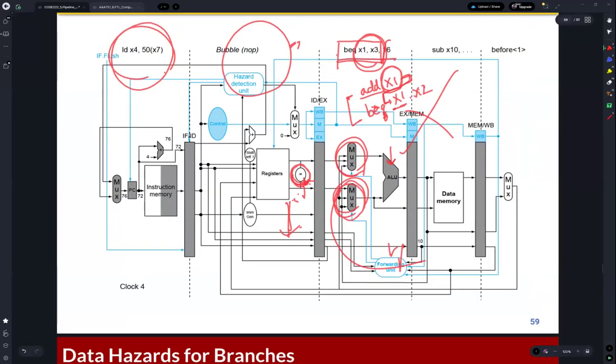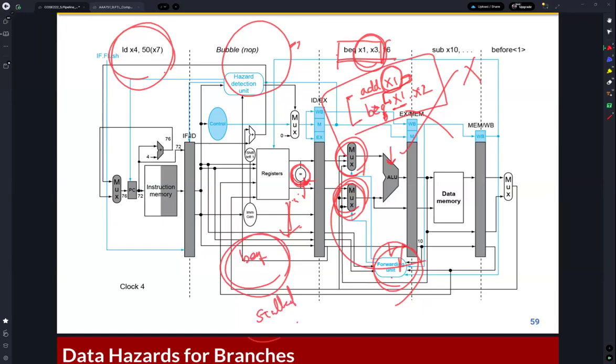Because data forwarding is not possible using the existing forwarding unit, it cannot be handled by it. Which means in this case the pipeline needs to be stalled until the result of the add instruction is in the write back stage.